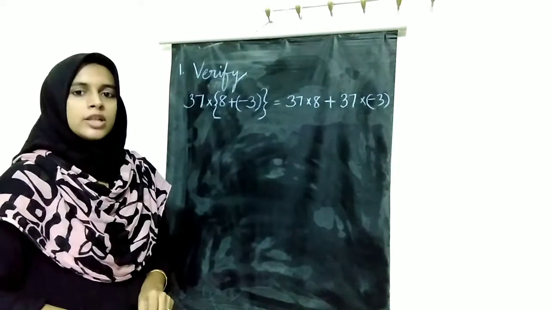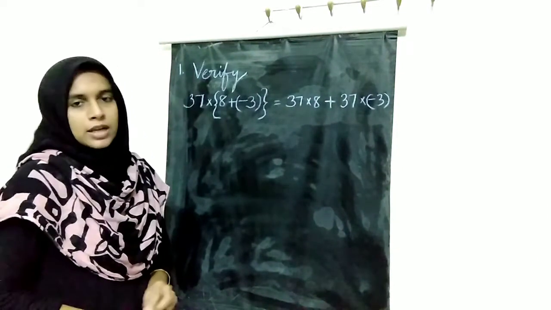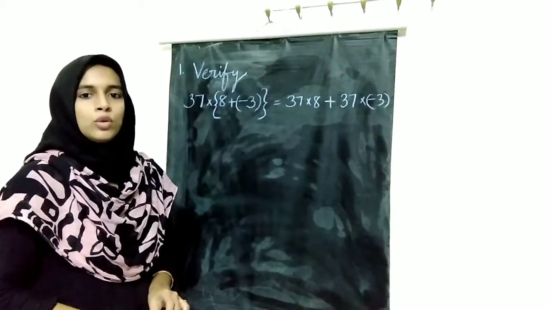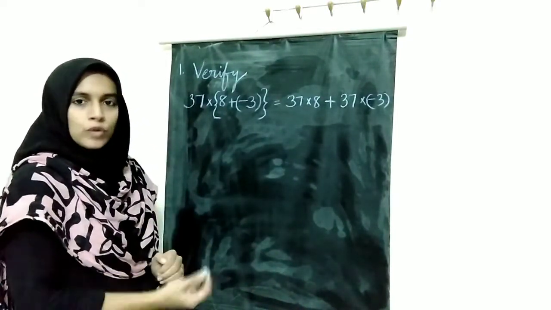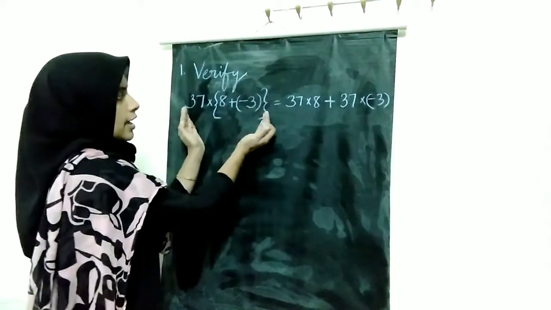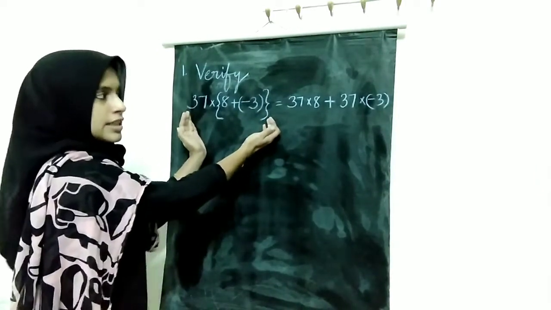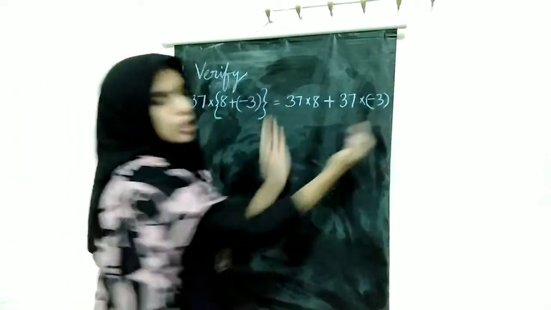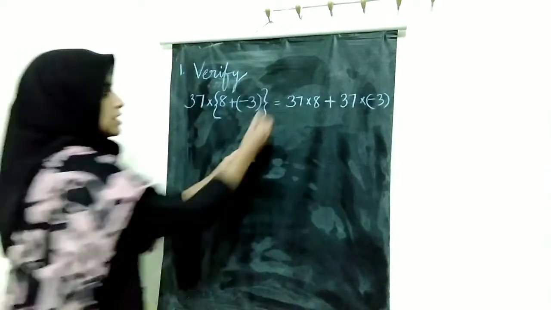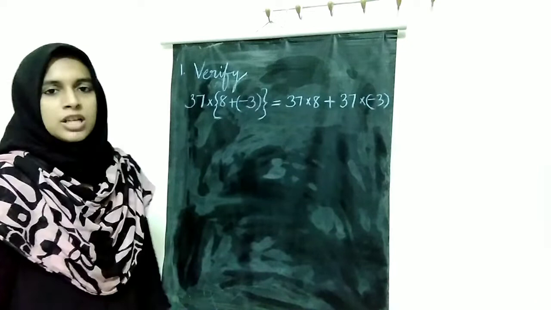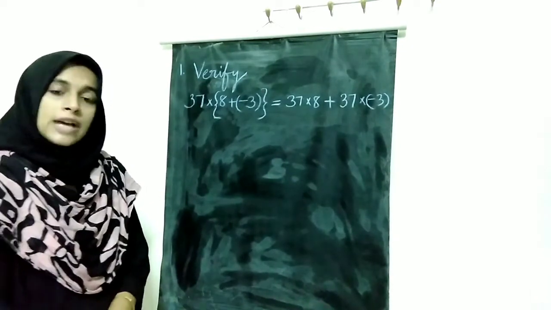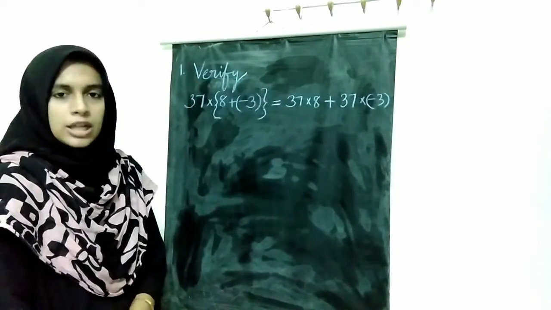So if you get a question to verify, that means you have to show or prove that this side of the question is equal to this side of the question, because there is an equal sign. Right side of the equal sign is equal to left side of the equal sign.